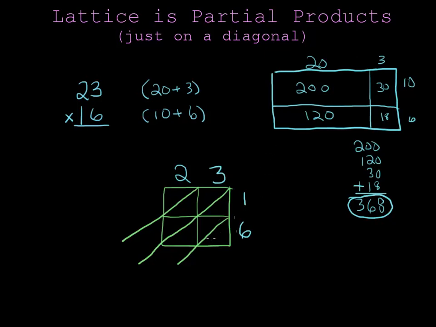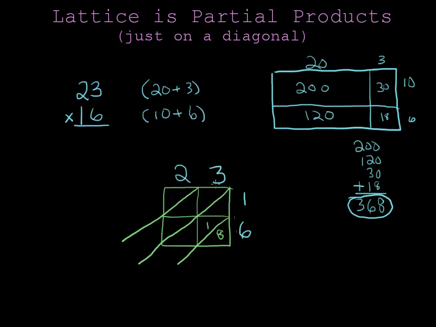Let's start in this corner because it's the easiest to see here. In this box, 3 times 6 is 18. Here, in this box, I multiply the 3 times the 6 and I get 18. The only difference is that I write the 18 with the tens on the top side and the 8 down below.